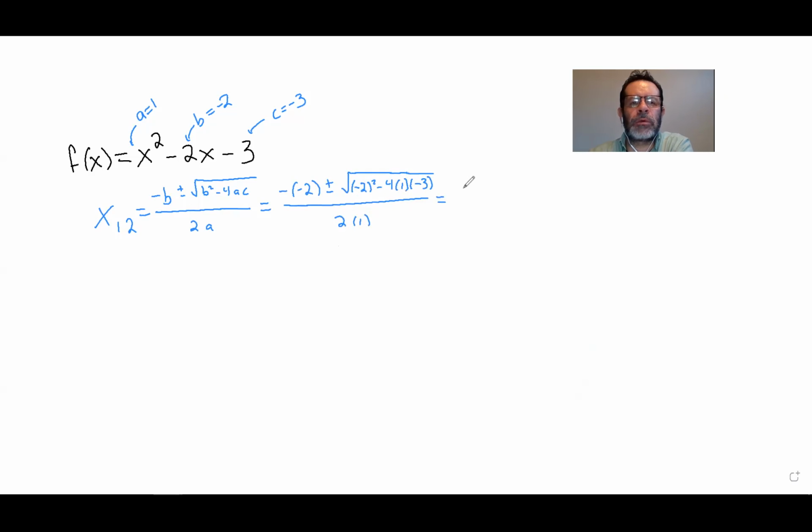This is going to be equal to 2 plus minus the square root of b squared, which is 4, minus 4 times 1 times minus 3, which is plus 12, divided by 2.